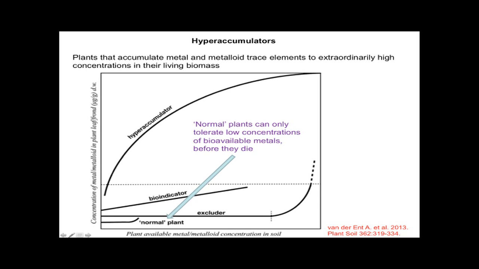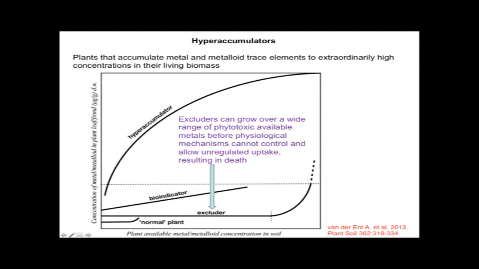Normal plants can tolerate low concentrations of metals in the soil, and at comparatively very low concentrations, they just die. They cannot survive. The other category is the excluders.